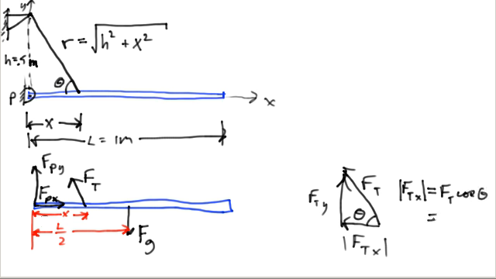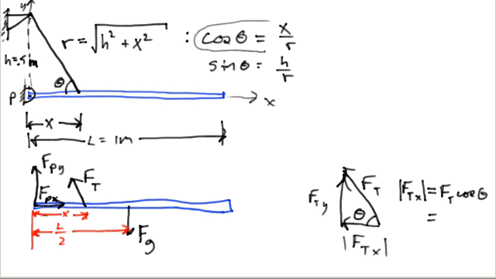And that's equal to, let's see, the cosine of theta up here from this diagram, cosine of theta is equal to X over R, and the sine of theta is equal to H over R. That's from our sketch, by analyzing the triangle in the sketch.